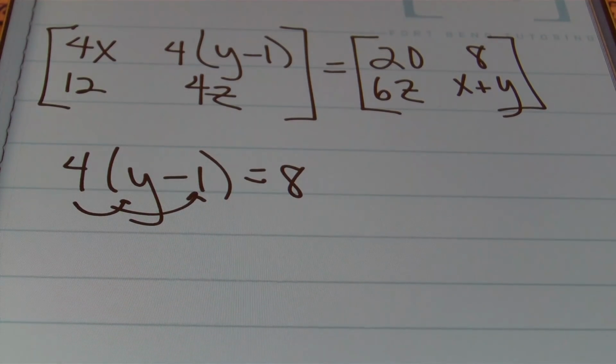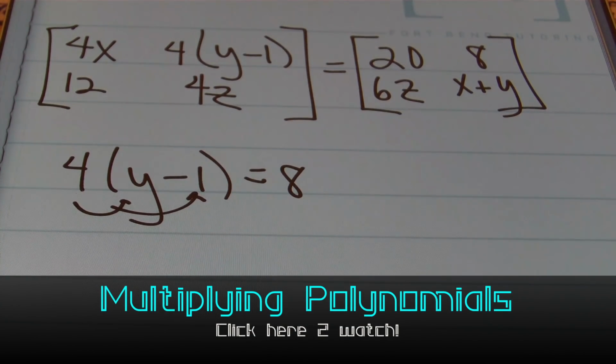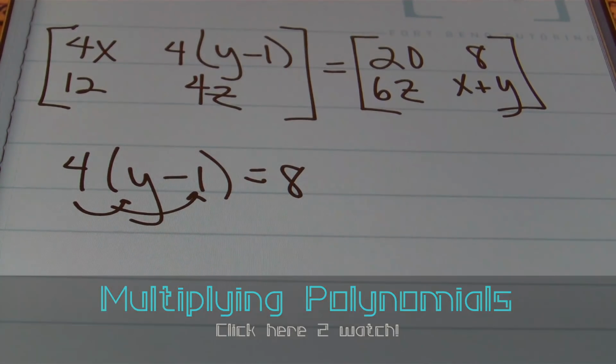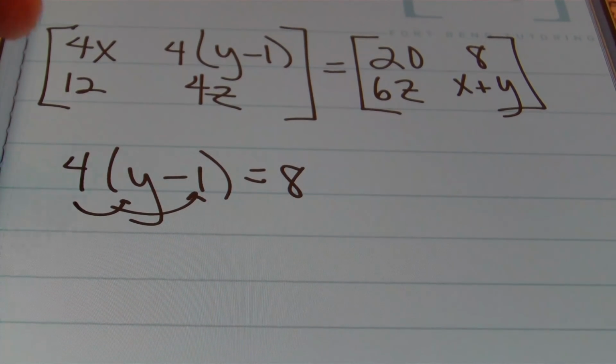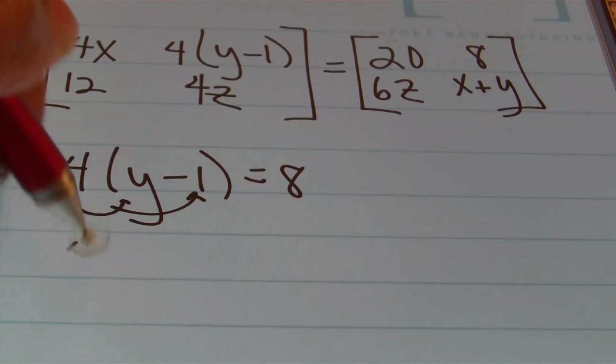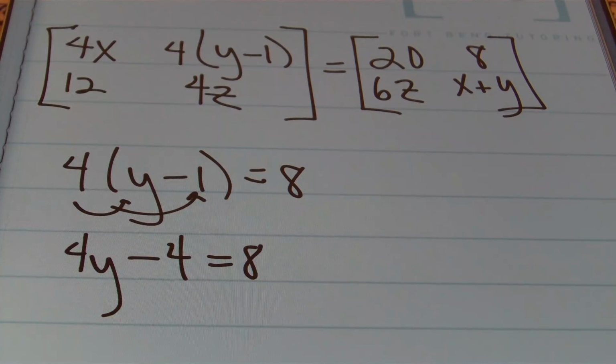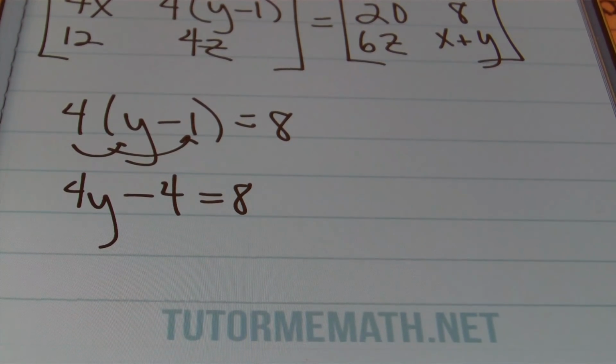The distributive property is the king of properties. It is so fun. Love it. Arrows popping. All right. That's what we do here in FBT. So that means that 4 times y is going to be 4y. And 4 times negative 1 is negative 4. And I'm going to bring down that value of 8 because it's cute.